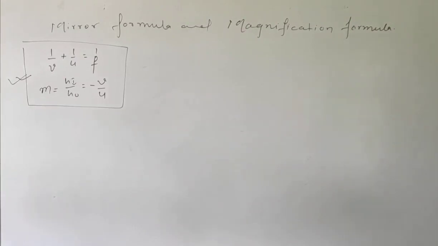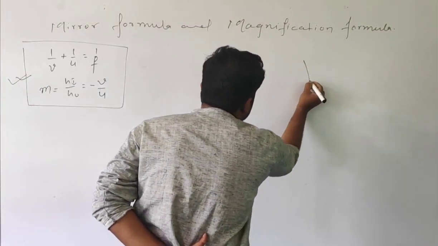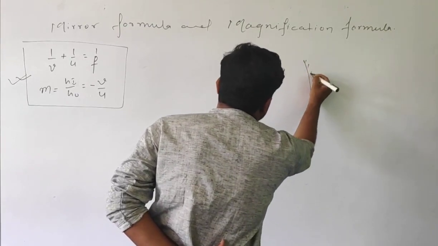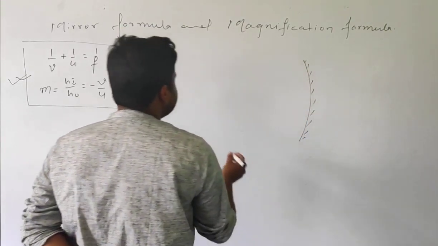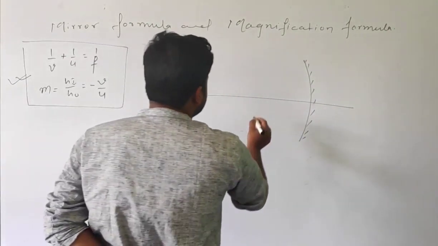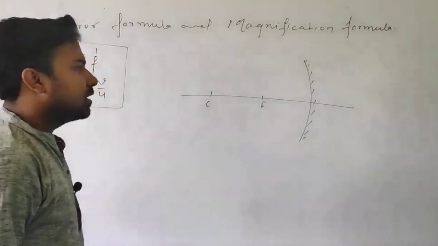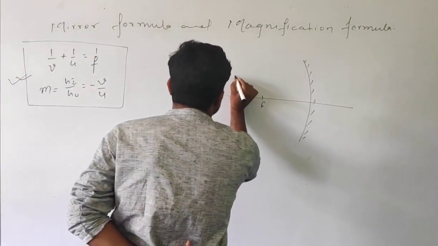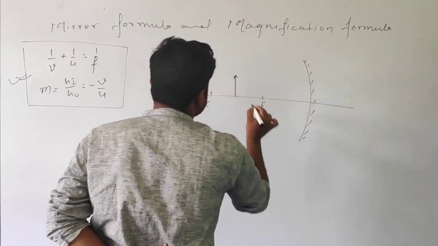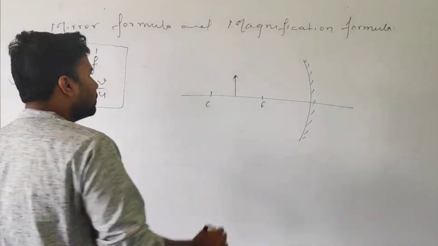Okay students, now we come to the basics, how spherical mirrors form images. I am taking a concave mirror; here is the focus and this one is the center of curvature. If our object is placed between the focus and the center of curvature, where will the image form?